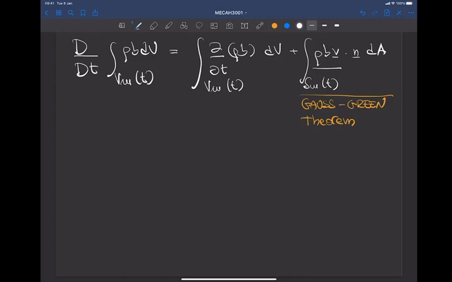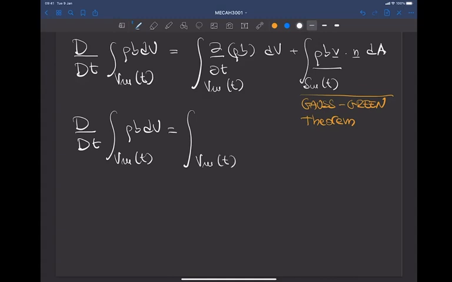So finally, this expression reads d over dt of the integral over Vm of t of rho b dV equal, then we have only a volume integral, and then we have two contributions to that.